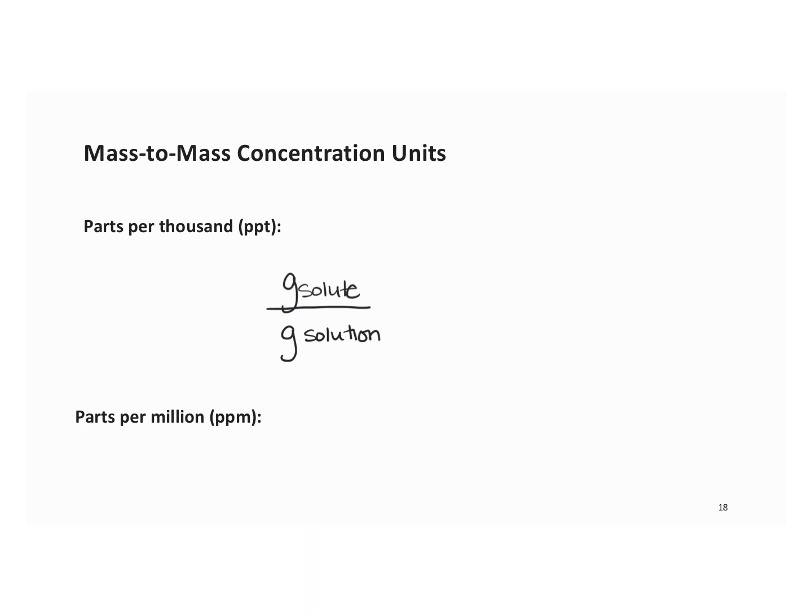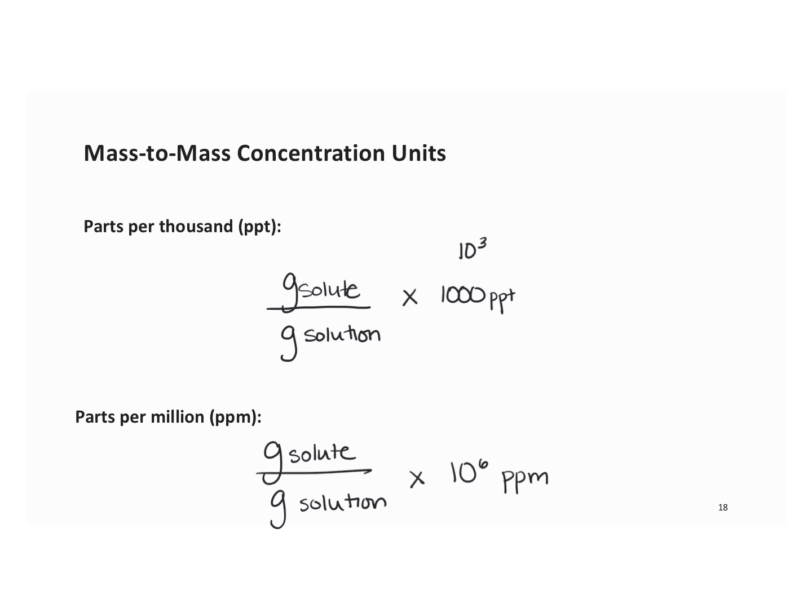If it's parts per thousand, you just multiply that by 1,000, and that gives you the ppt. That's how we represent it. Your book is going to say 10 to the third, but that's what you're doing. For parts per million, you take the grams of the solute, divide by grams of the solution, and just multiply by 1 million, which is 10 to the sixth, and that will give you parts per million.